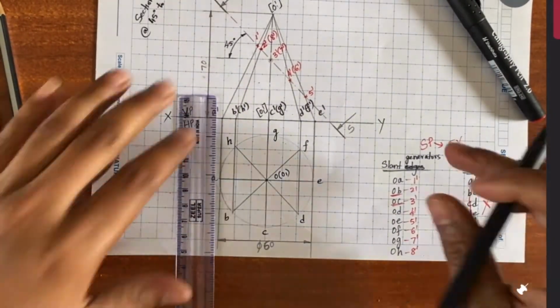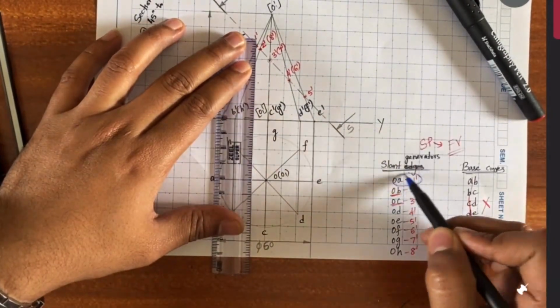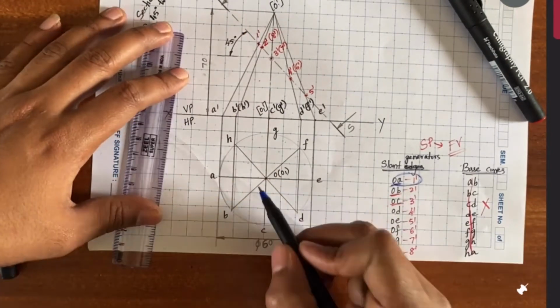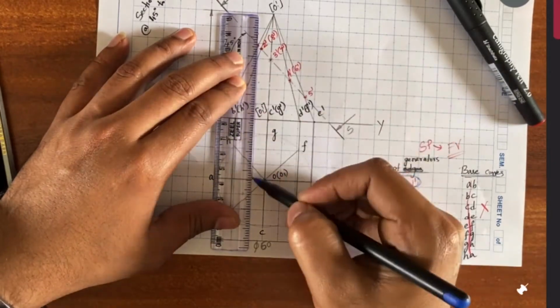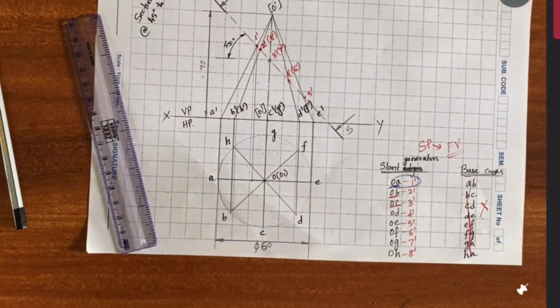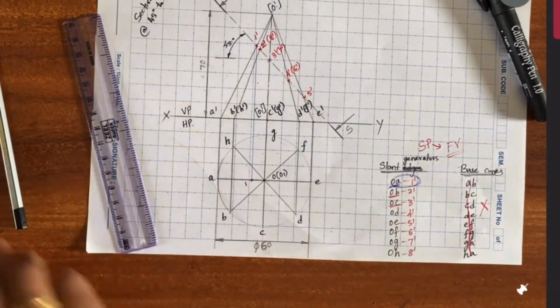We'll project these cut points to the top view by drawing projection lines vertically to OA in top view. So from 1 dash to OA, that point will be considered as 1 in the top view.